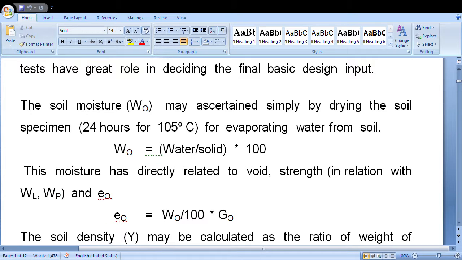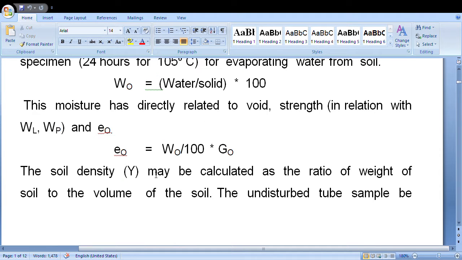By this, I have recommended that soil moisture, not in percent, multiplied by specific gravity gives the void ratio. From this void ratio, we can calculate other parameters also. So it is directly related with strength and consolidation too.